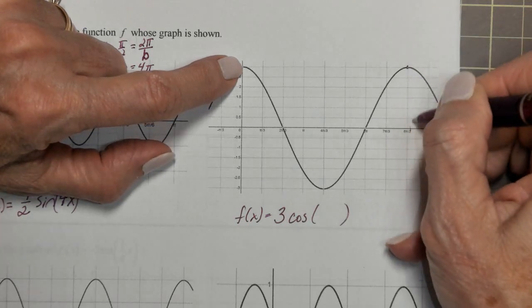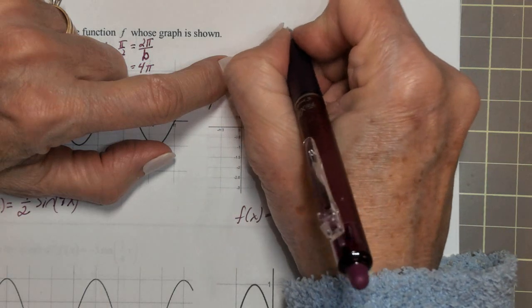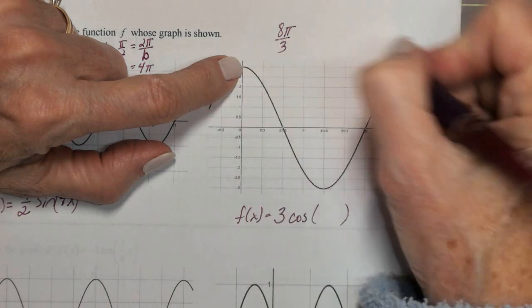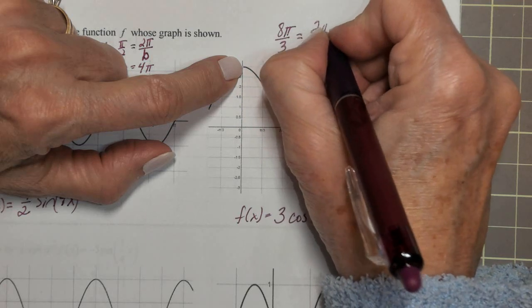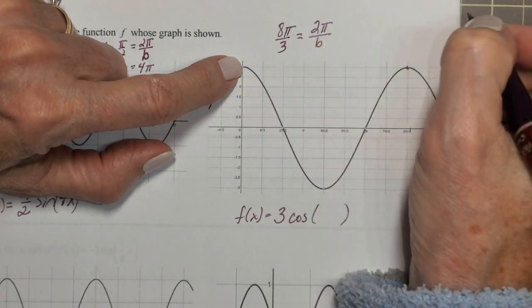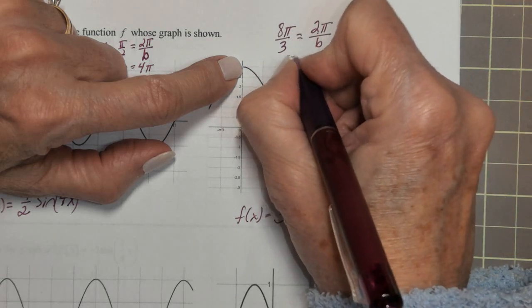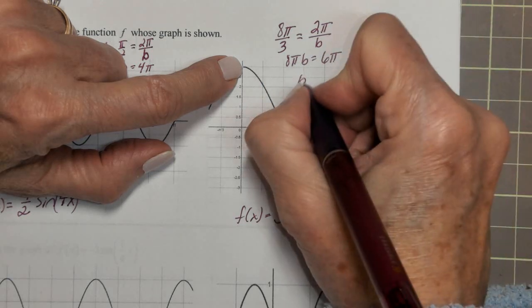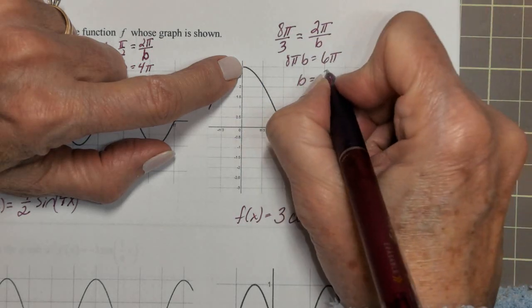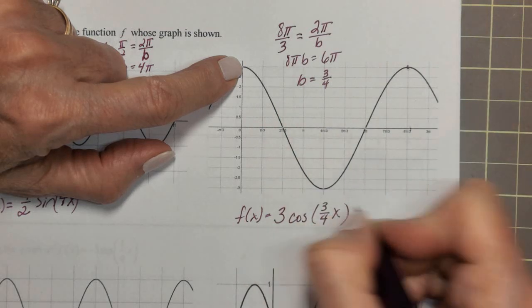The period is 8 pi over 3. So I'm going to set up the little equation. 8 pi over 3 is equal to normal period divided by b. Solve for b. Cross multiply. Divide by 8 pi. 6 over 8 is 3/4. So 3/4 x.